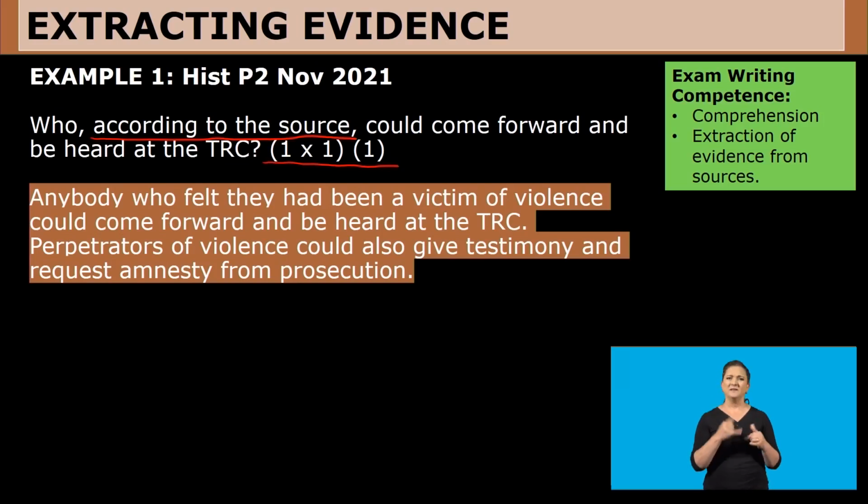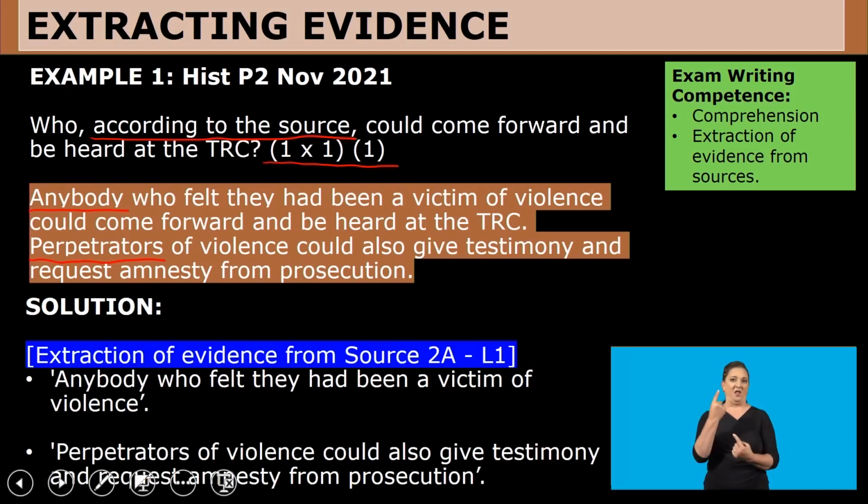Okay, now if you read the source, it says anybody who felt, so I'm just going to underline anybody, who felt they had been a victim of violence could come forward to be heard at the TRC. Perpetrators, that's another one, of violence could also give testimony and request amnesty from prosecution. So now you have to extract those relevant words from the source.